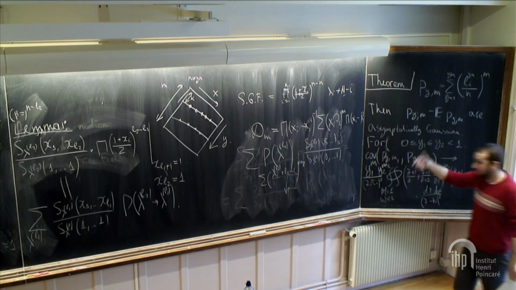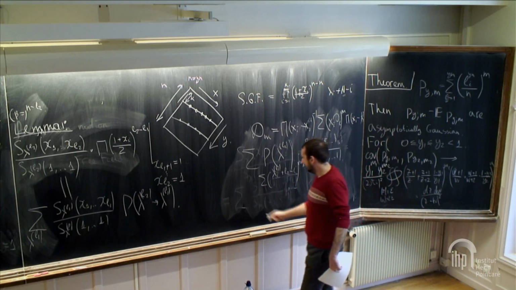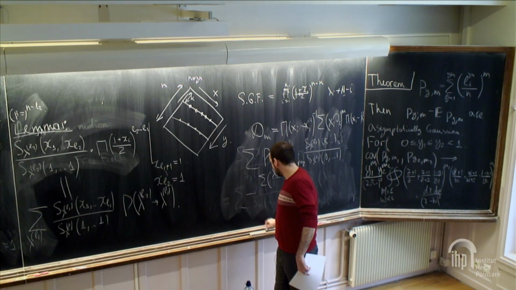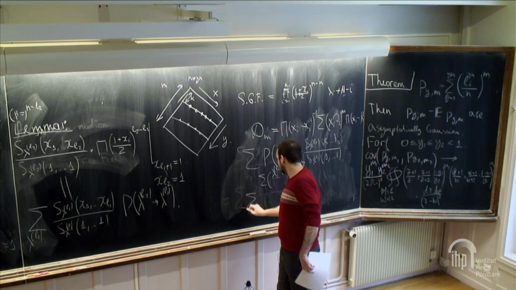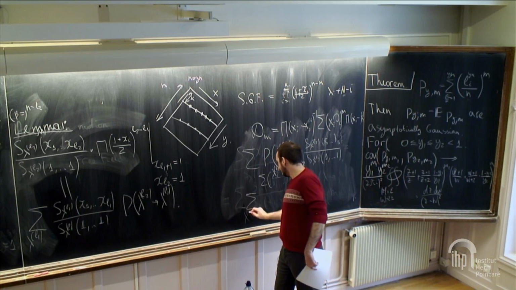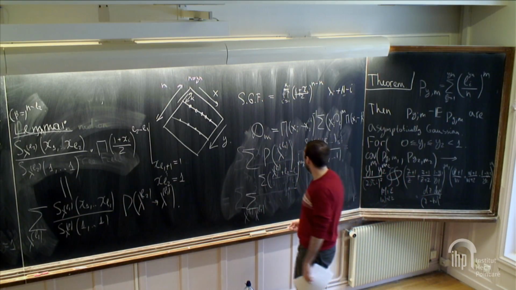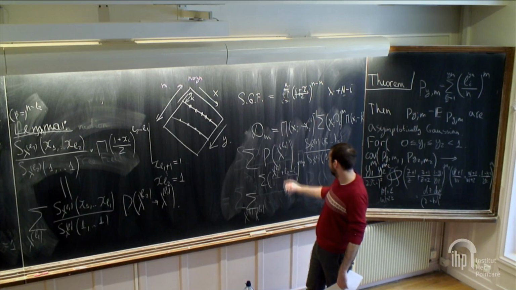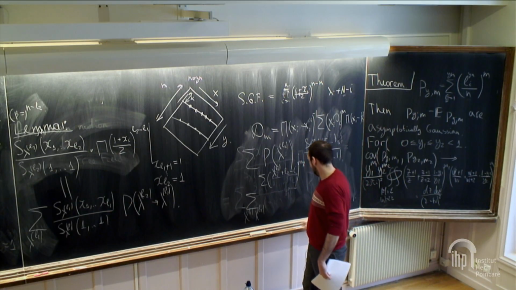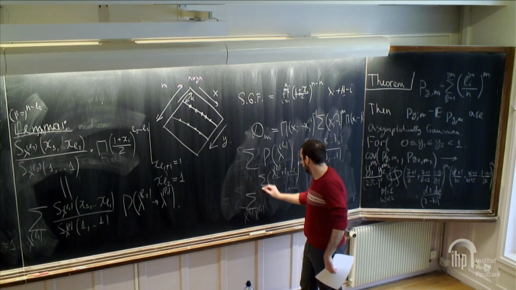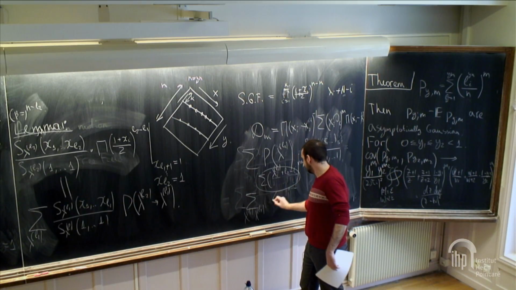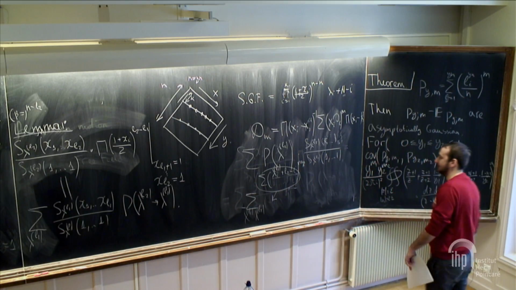Okay, so now you apply your operator, and by the definition you get a double sum over lambda L1, lambda L2. What is being summed here? So this guy remains here.